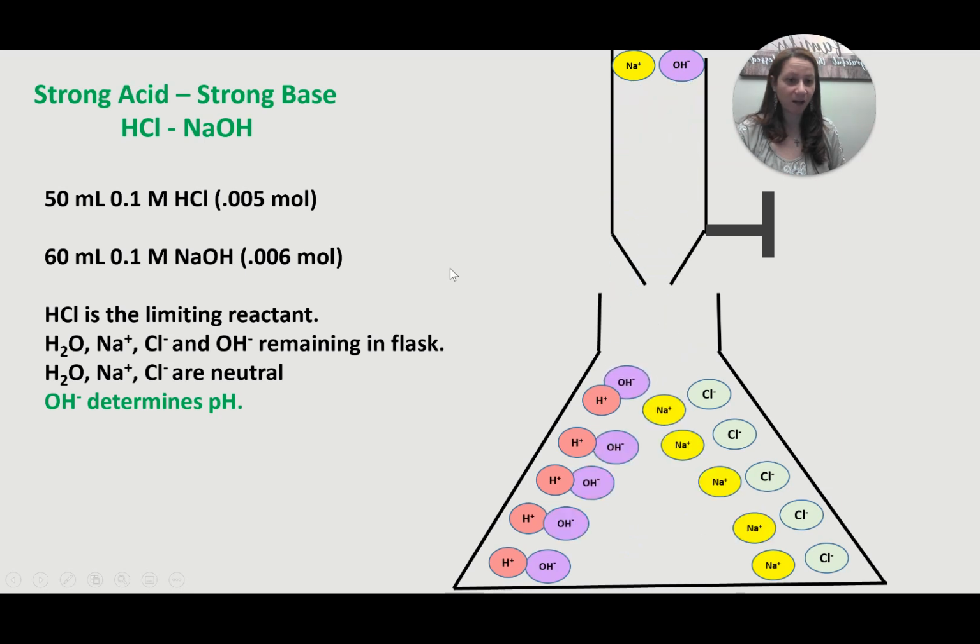So there's my 5, add some more, and now it's left. Now I have my waters, which are neutral, my Na pluses and my Cl minuses, which are neutral, but I do have a hydroxide left over, and that hydroxide is what determines the pH. Because it's a strong base, pOH is negative log of the OH minus concentration, and that gives you the pH.